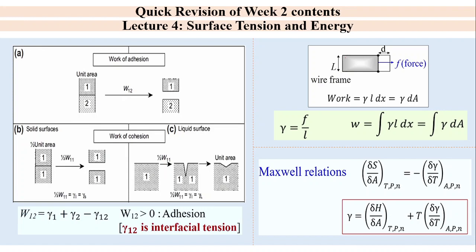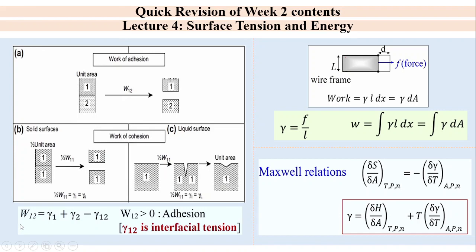As you can see from the first figure, adhesion is the energy required to separate two different media, whereas cohesion is the energy required to separate two similar media. Similar media have been denoted with 1 and 1, and in case of adhesion, two different media or molecules have been represented by 1 and 2.